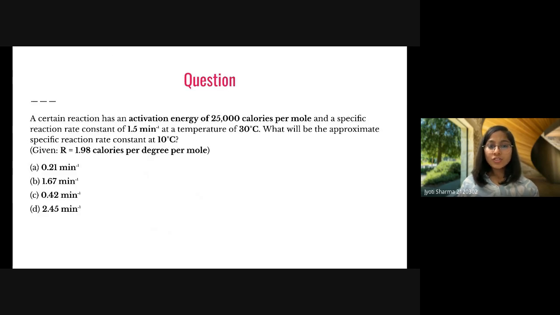This is again a question on activation energy, and we have just one formula by which we can calculate the activation energy and the reaction rate. So how can we do this?